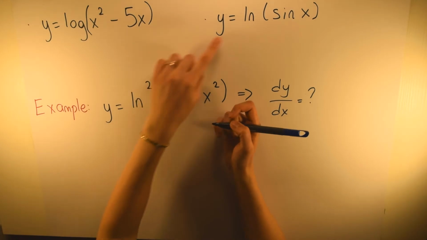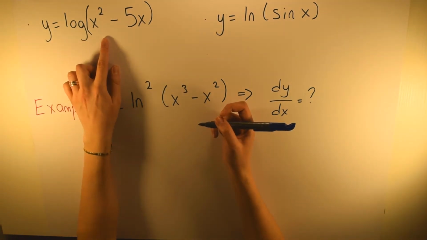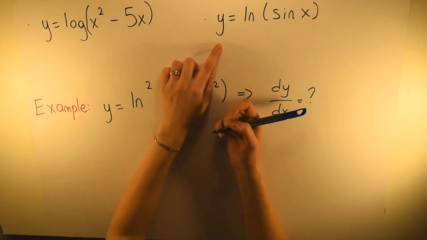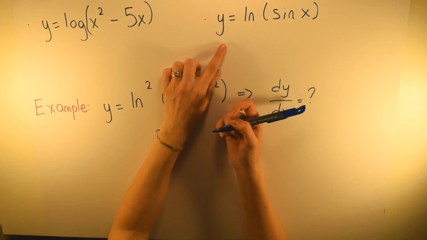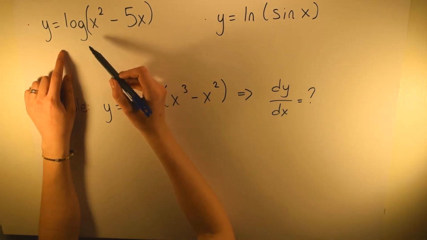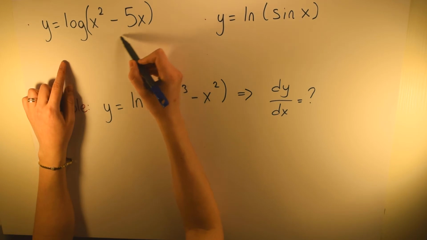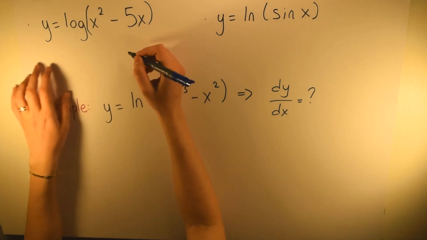So let's look at these two examples. Here we have y is equal to logarithm of x squared minus 5x, and here we have y is equal to natural log of sine x. How do we take the derivative of this one? It is equal to the derivative of the inside of this parenthesis, right?